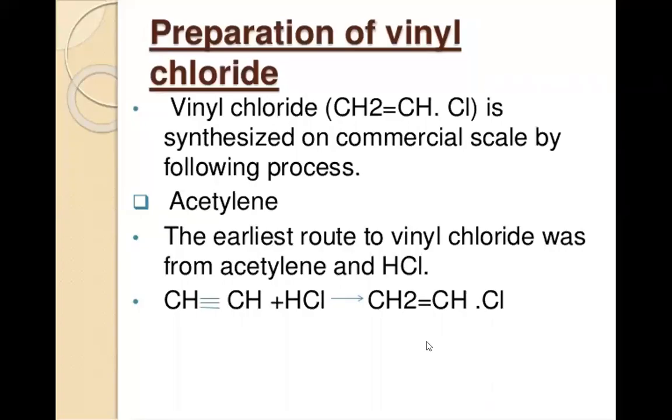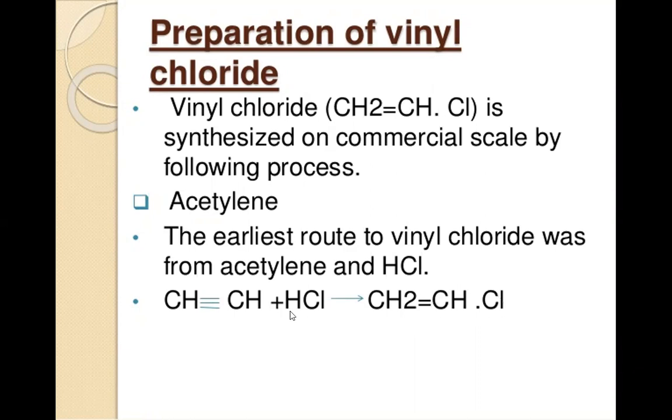Coming to the preparation, it is best synthesized from acetylene. This is the structure of acetylene, CH triple bond CH, which is made to react with HCl, hydrochloric acid. Then one of the bonds from the triple bond undergoes cleavage and forms CH2=CHCl.